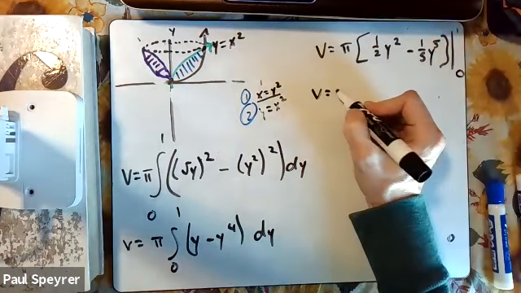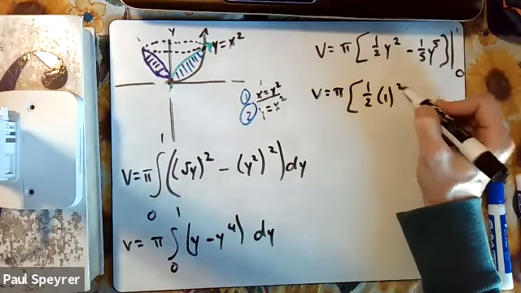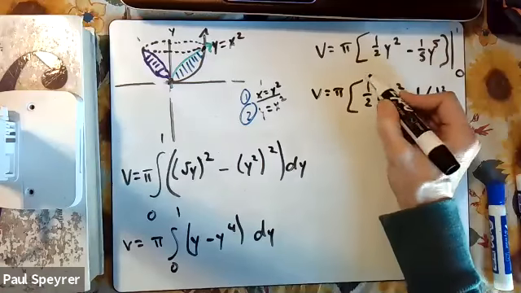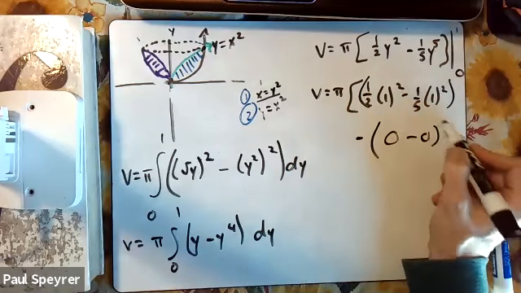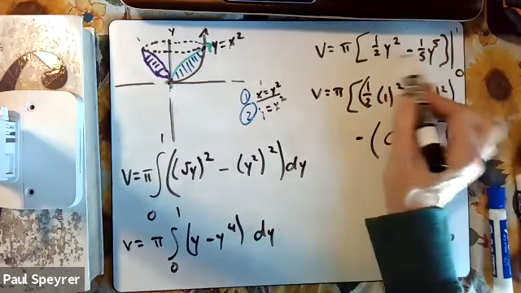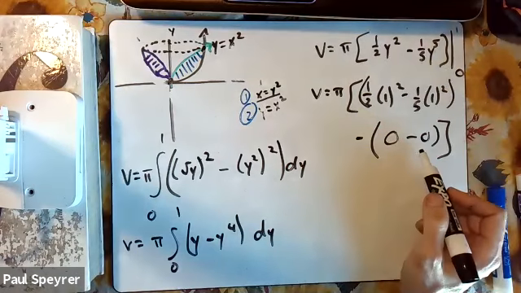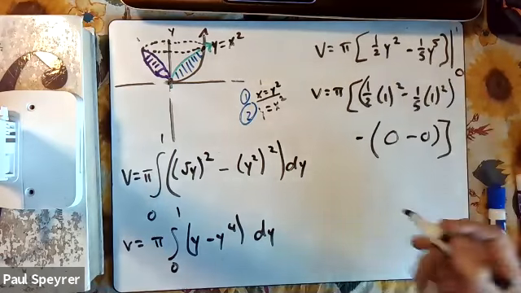So your volume, again, is the upper limit minus the bottom limit. Your bottom limit is going to be 0 minus 0 again, right? Why? Because we just have zeros right here. If we plug it in, that's why I put 0 minus 0. But it's not always going to be that, right? If this is like -10, you'd have to plug -10 in and evaluate it.